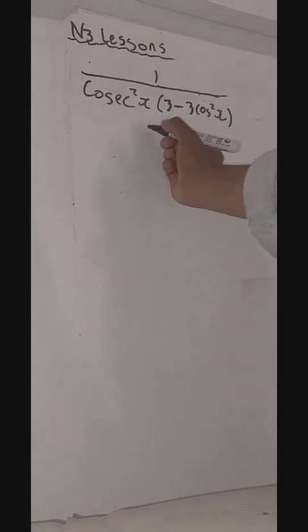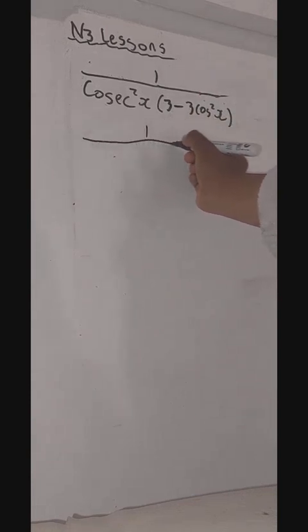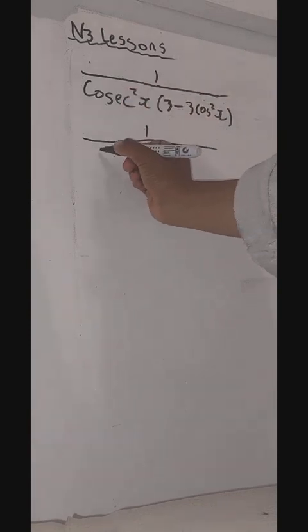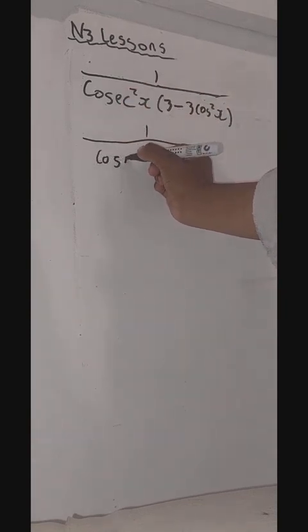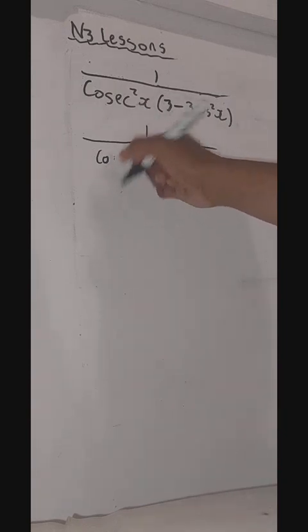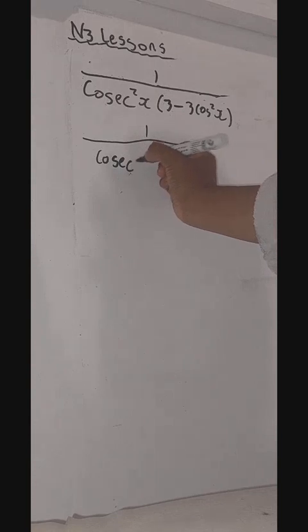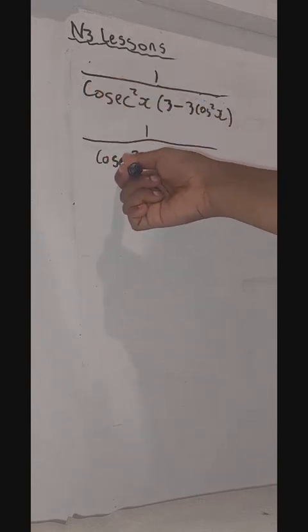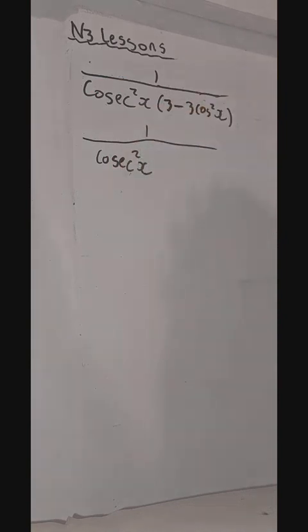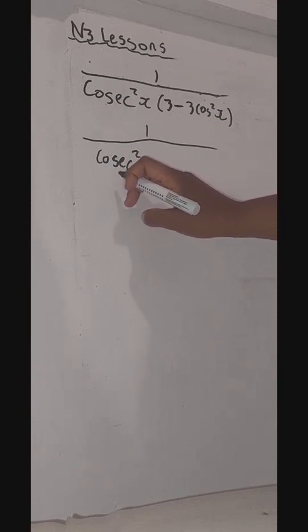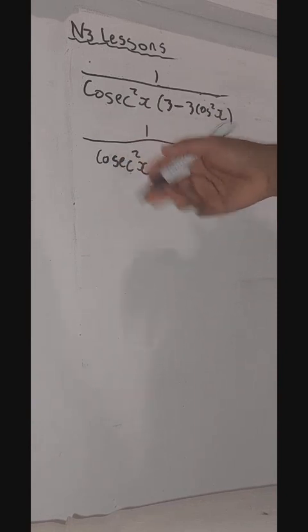From here, it's 1 over cosec squared x. We cannot change this one for now. Let's just leave it there, but we can change it into a reciprocal, so it is dependent. We can continue to change it.